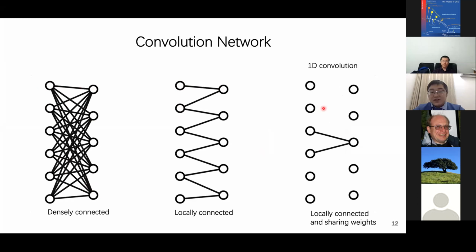And further, one can ask that these neurons share weights. So these two links form a convolution kernel in this 1D convolution. This convolution kernel slides from up to down to produce new features. And from the densely connected to this convolutional neural network, one reduces the number of network parameters tremendously.